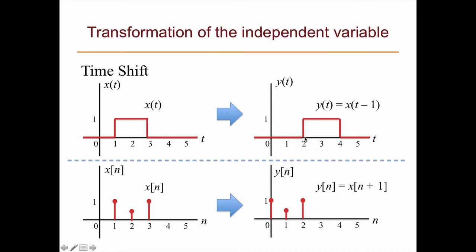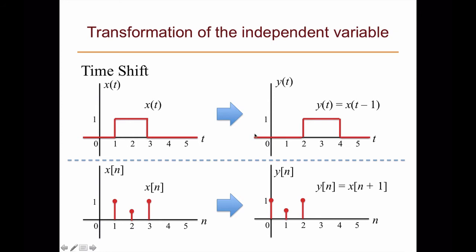So now it starts from 2. I write y(t) here so that you will not be confused by the operation. That is, this is the signal y(t) equals x(t-1), the new signal y(t). So the shifted version x(t-1) looks like this.